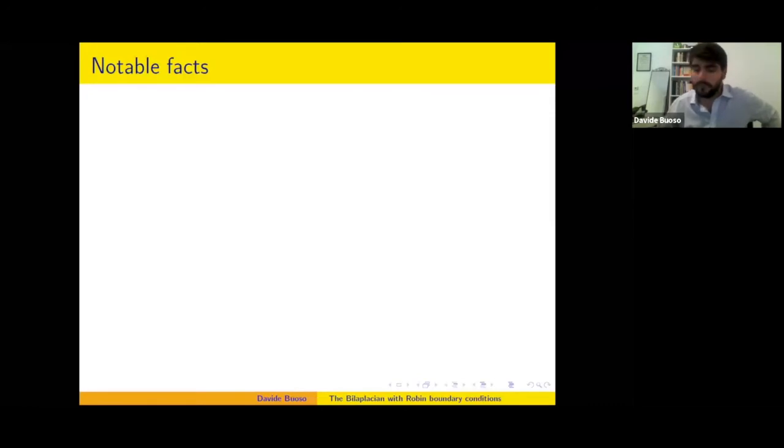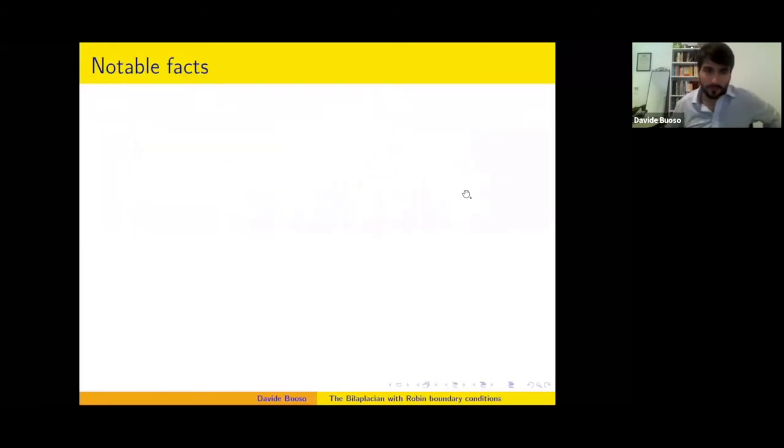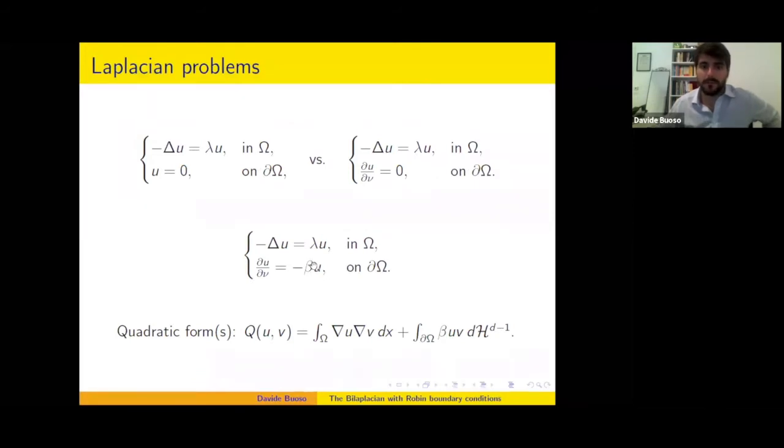So let me state some quite known facts about the relation between Dirichlet, Neumann, and Robin problems. As we said, when beta is identically 0, the Robin problem is actually the Neumann problem. When beta goes to plus infinity, the Robin problem converges to the Dirichlet. Essentially, when beta goes to plus infinity, it's like saying that if you divide the boundary condition by beta, you are saying that u is equal to something that is going to 0.